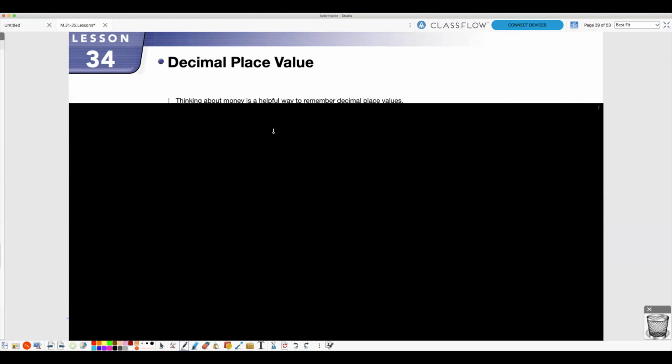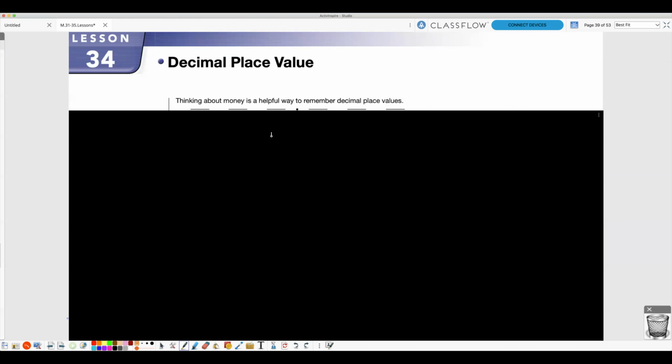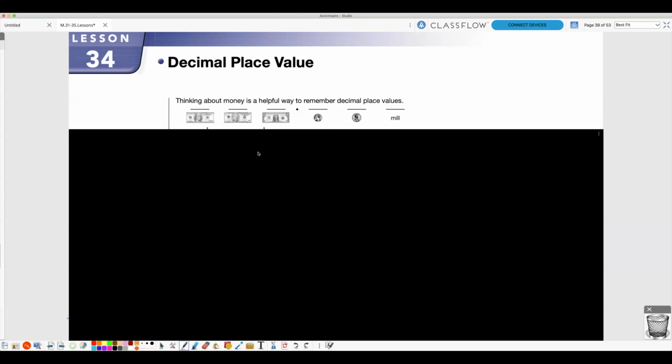But let's continue. Thinking about money is also a helpful way to remember decimal place values. If you have a $100 bill, you can recognize that it takes 10 $10 bills to make one $100 bill, and I've already gone through all that.